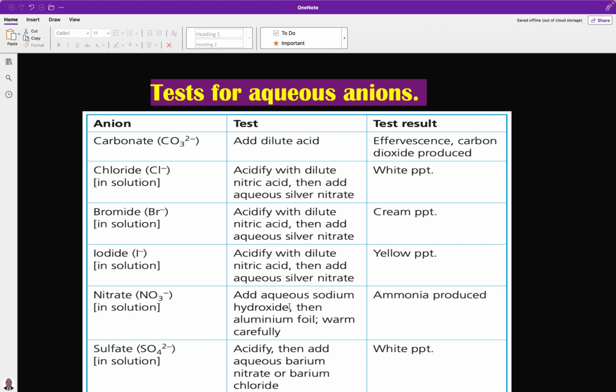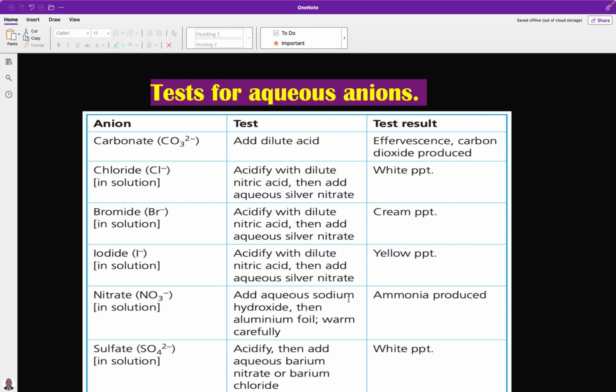After adding aqueous sodium hydroxide, then add aluminum foil. Then warm gently. Just warm it gently. There will be a gas.